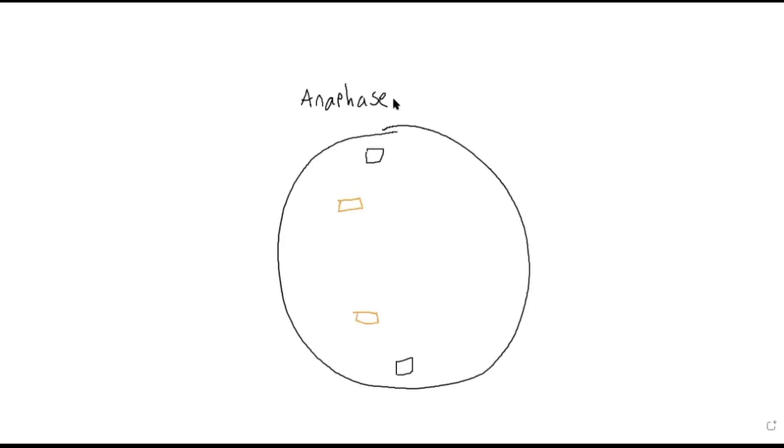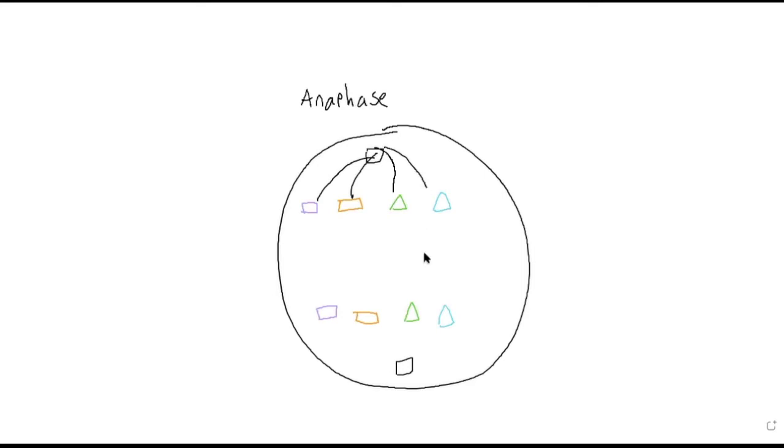So just give me a moment as I draw these. And we have the triangles. And we have some more triangles. And we have the mitotic spindle connected to each one of the chromosomes.